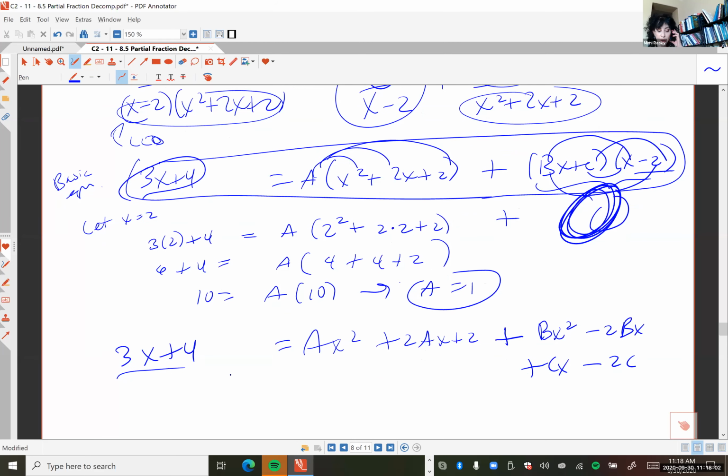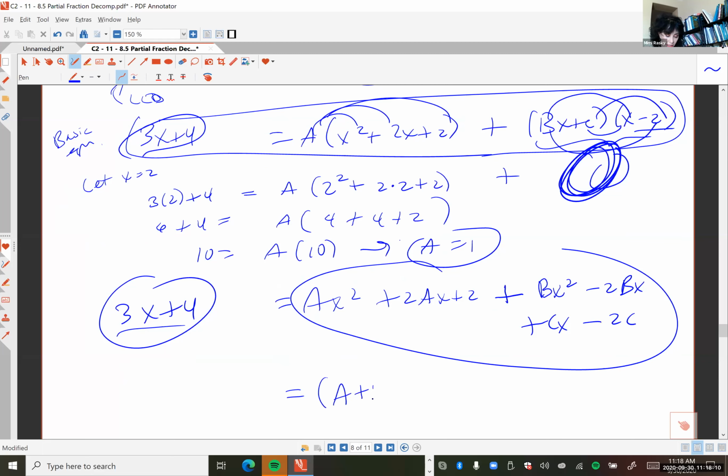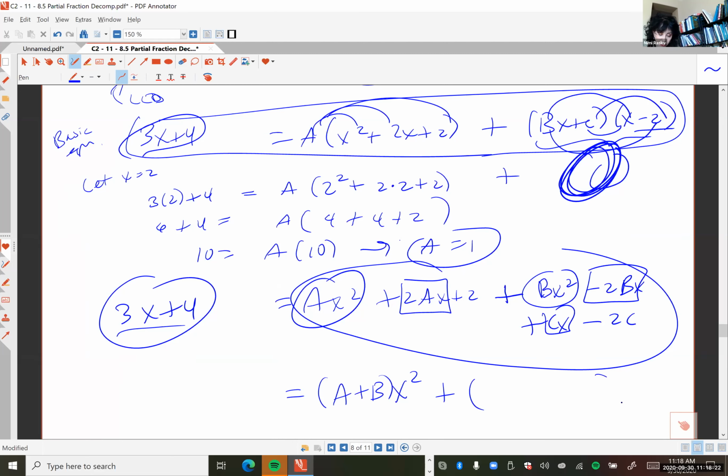Now here's how it works. The polynomial on the left has to be equal to the polynomial on the right. So on the right-hand side, if I collect like terms, like if I collect the x squared terms, and then if I collect the x to the first power terms, I'll put squares around those. Those guys have a common factor of x.